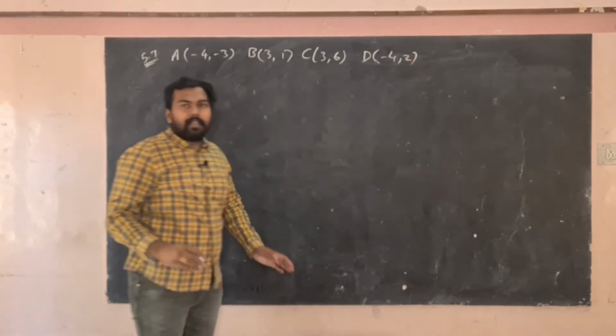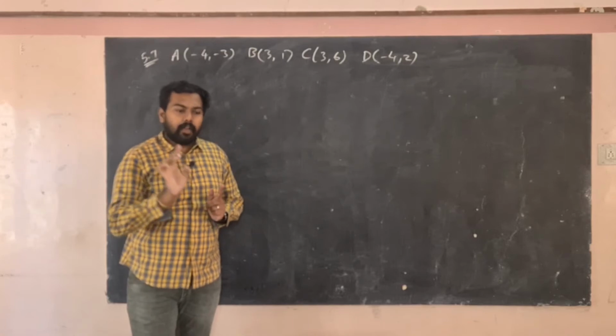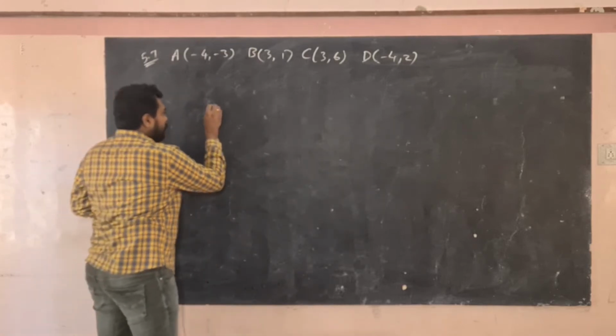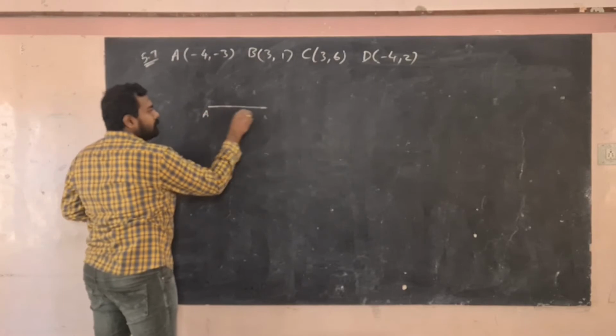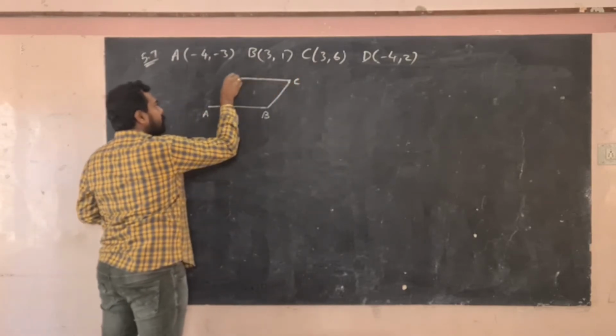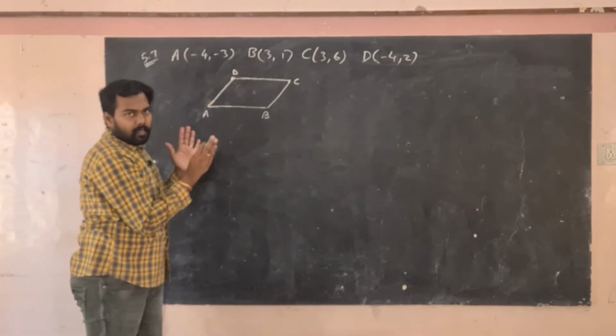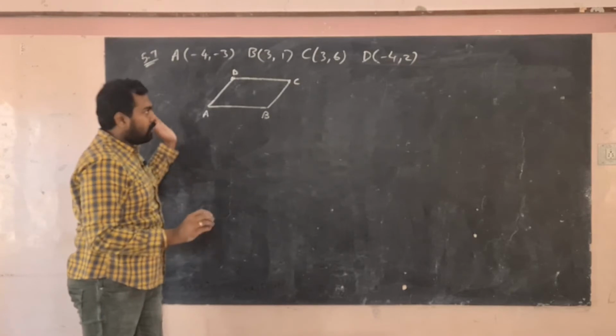In the question they have added one more word, which is taken in order. In order means if I take this as A, this will be B, this will be C, and this will be D. So this will be the order.